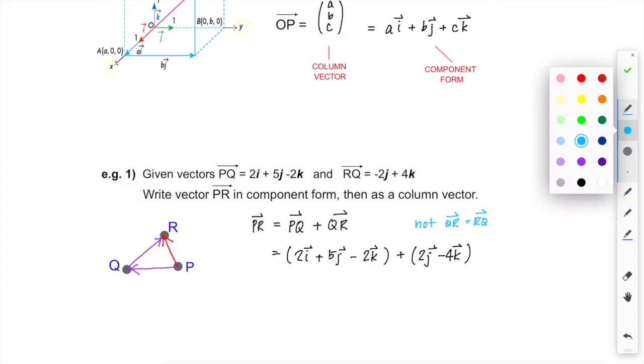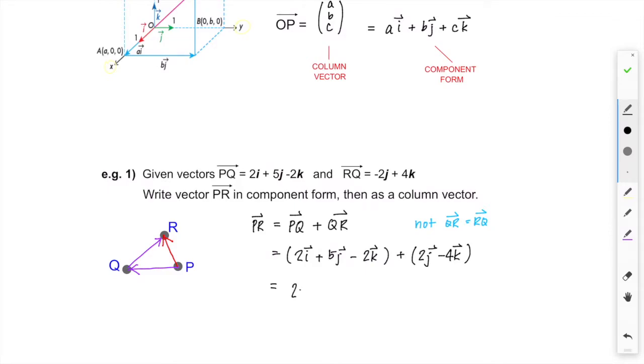So to operate vectors, it's very simple. These components are independent of each other. So in a way, it feels like you're working with algebra, you're collecting like terms. Now here you're collecting the like components, you're adding the components. So I have 2i, no other i's, so that stays. I have plus 5j plus 2j, so that's plus 7j. Minus 2k plus minus 4k, that would be minus 6k. So this is the PR vector in component form.